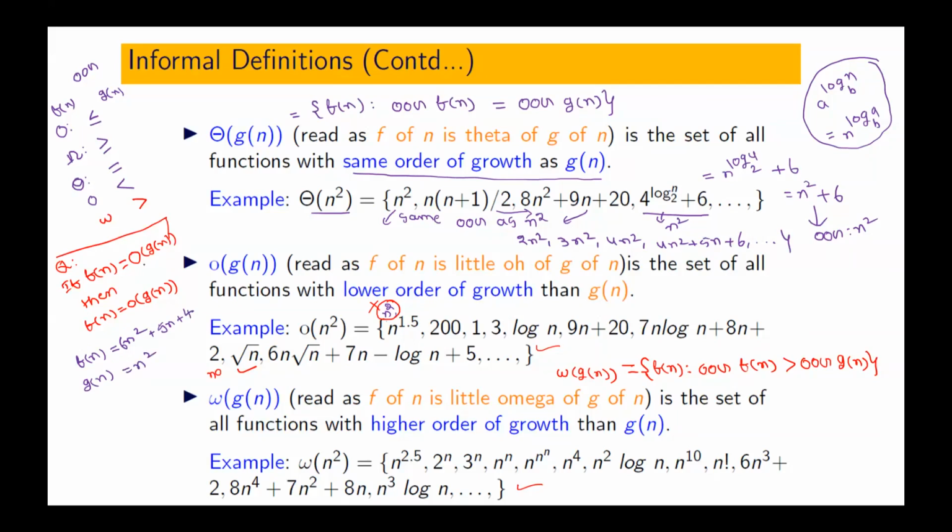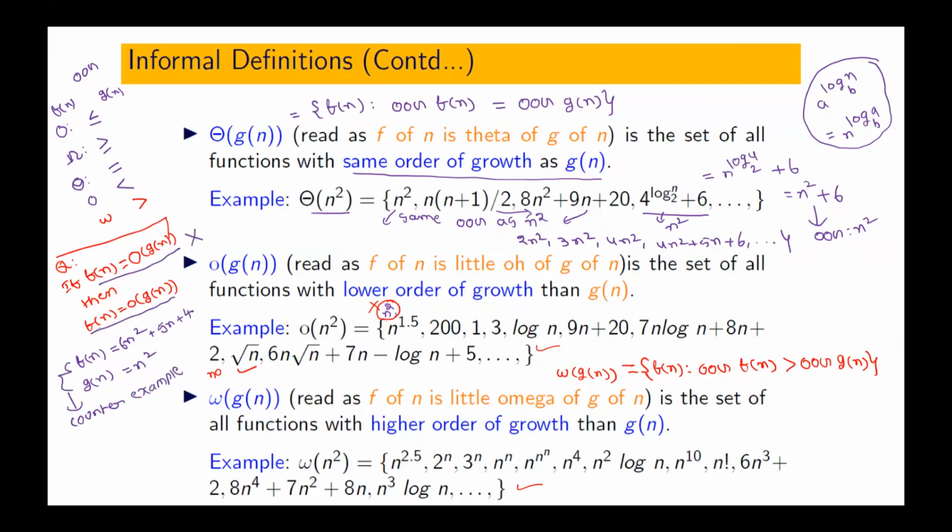Whether the first condition is satisfied here? Yes. Whether the condition f of n is little o of g of n is satisfied? No. That means this is a counter example. One counter example is sufficient, which means this statement is not true.